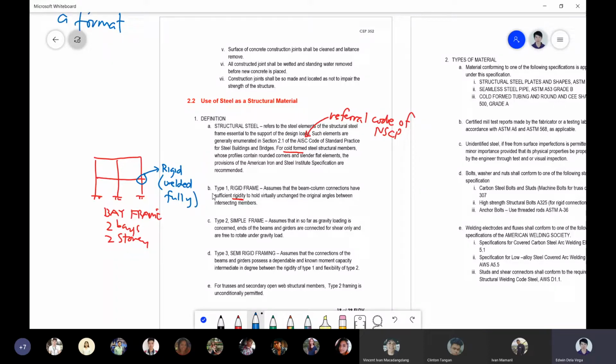Okay. So for simple frames, normally these are referring to simple beams and trusses.